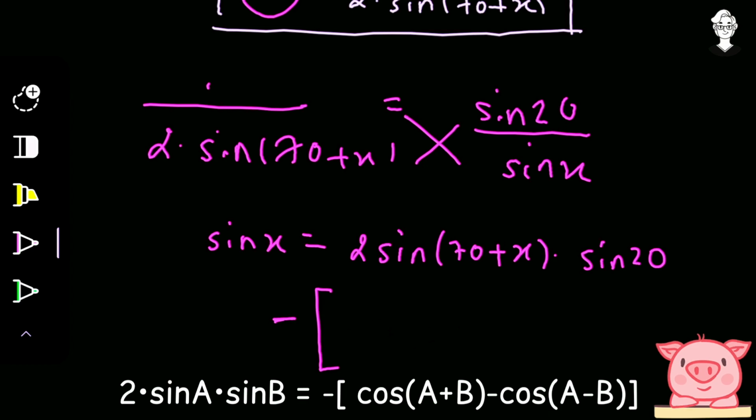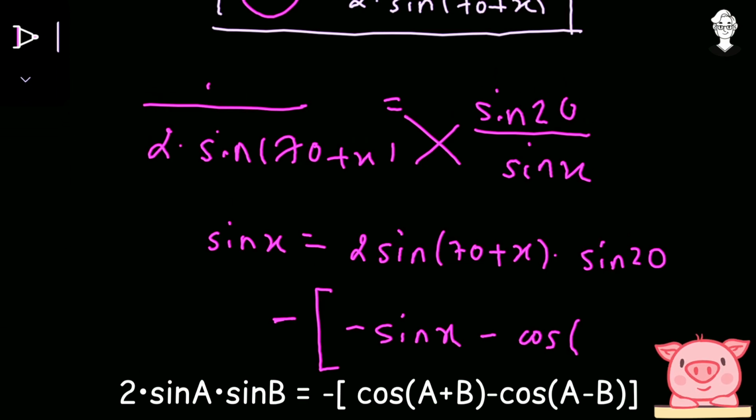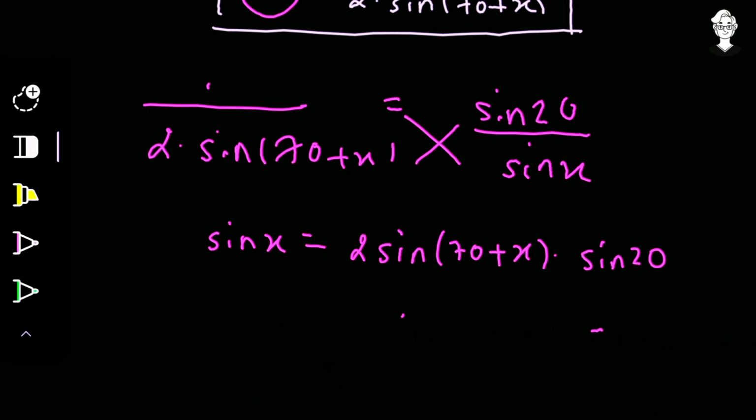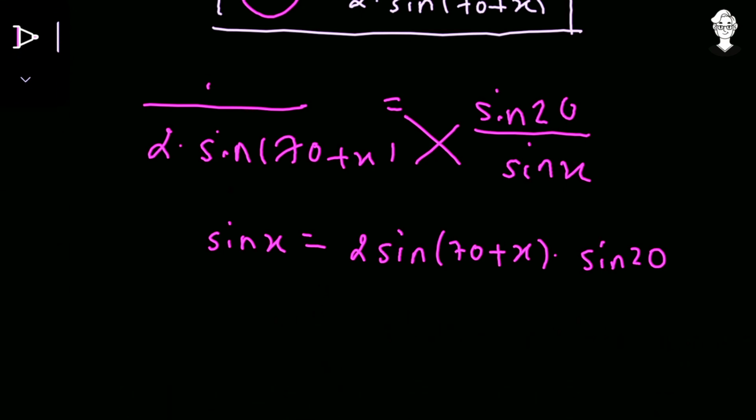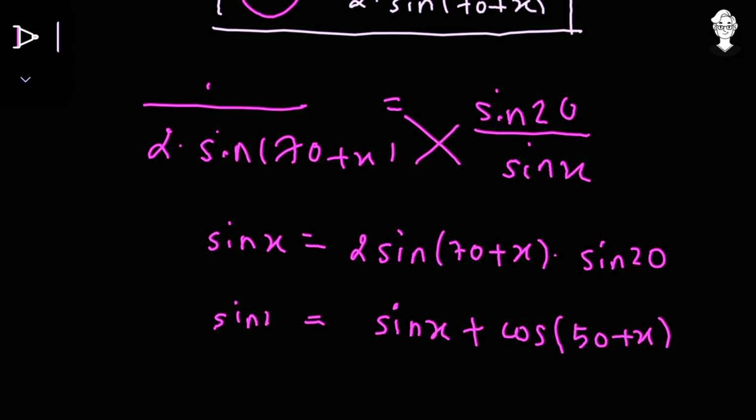And minus cos of the subtraction of both, so 70 plus x minus 20 becomes 50 plus x, and because of this negative sign both become positive. So what we did is simplify this with the identity, and we got sine of x plus cos of 50 plus x, and that is equal to sine of x.